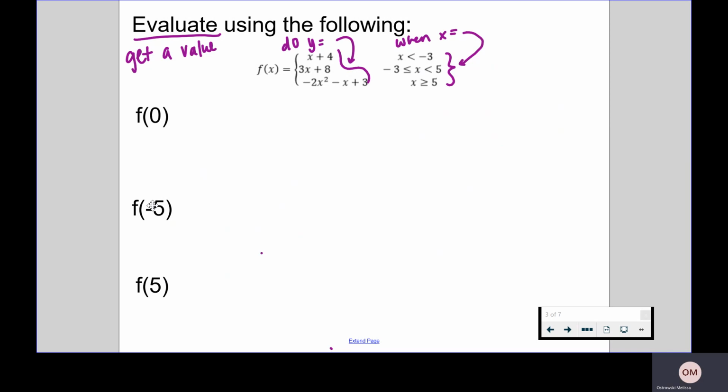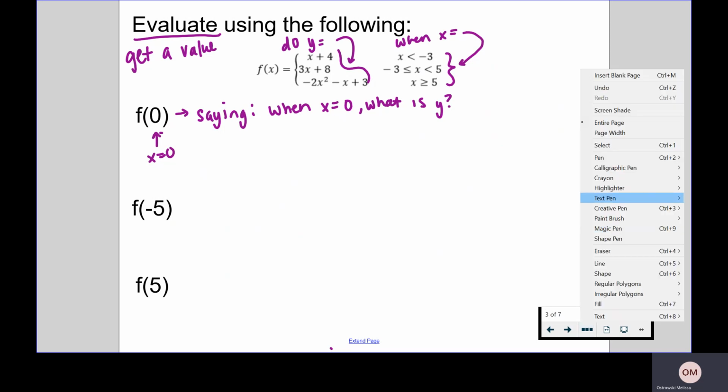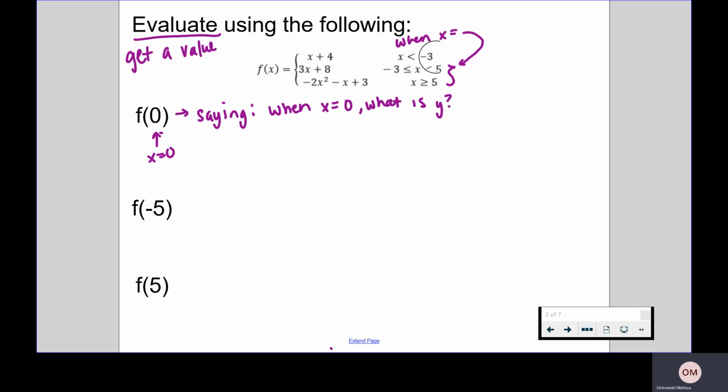All right, so my f of, this is saying when x equals 0, inside the parentheses, my x here got replaced with this number 0. That's going in for x. When x is 0, what is y? So first I have to see what piece x equals 0 lays in.